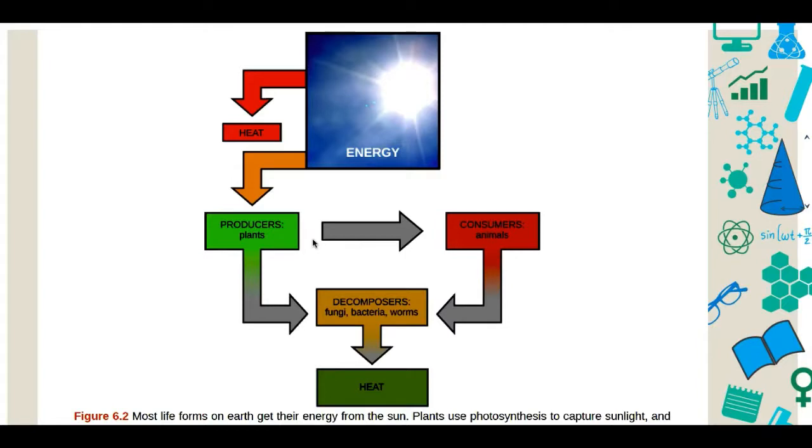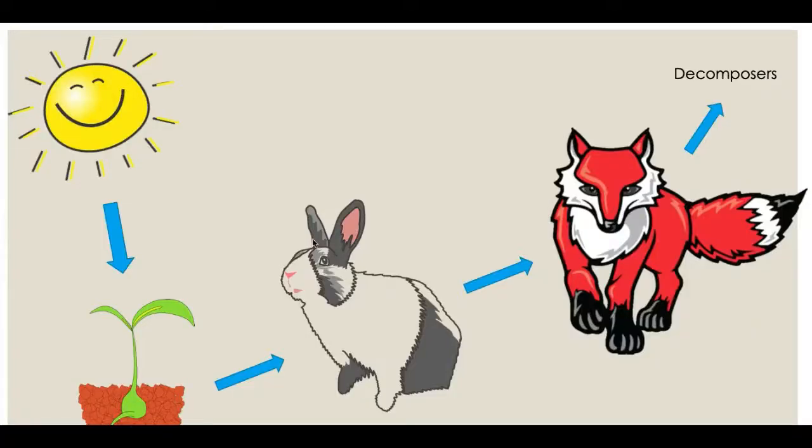Referring to the figure on the screen, most life forms on Earth get their energy from the sun. Plants use photosynthesis to capture sunlight, and herbivores eat those plants to obtain energy. Then carnivores eat the herbivores, and the decomposers digest plants and animals. As we can see here, this is the energy transformation through food chains.